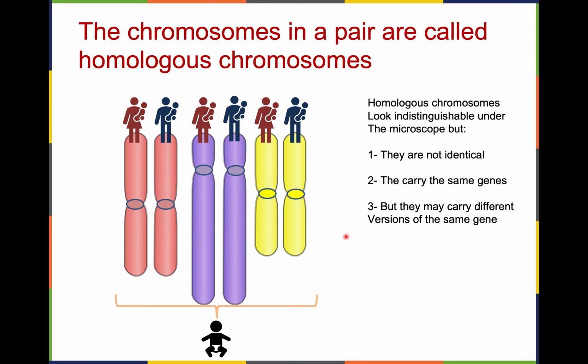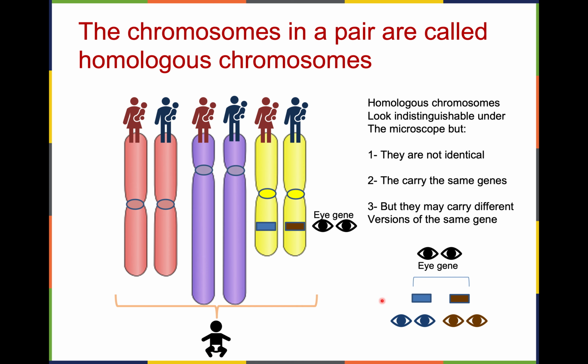What does that mean? Let's think about the gene for eye color, for example. The gene for eye color comes in a variety of different versions, and we're going to look at two different versions. You could have a blue eye gene, a gene that codes for blue eyes, and one for brown. And let's imagine that this gene sits on this yellow chromosome.